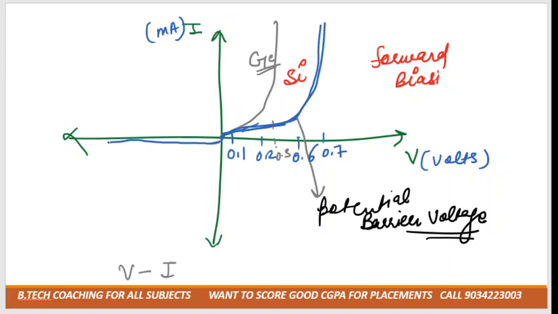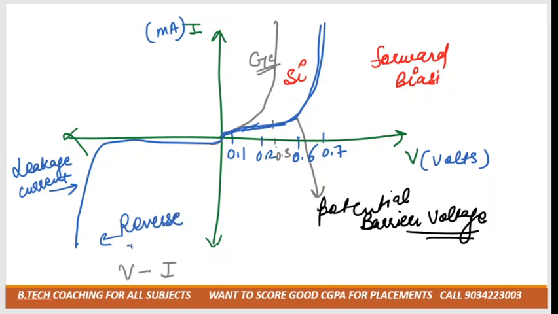So again I'm saying that the voltage is continuously increasing and we are not getting the current, but at some point of time the current suddenly increases. That current is known as leakage current, and this voltage is known as the reverse voltage.